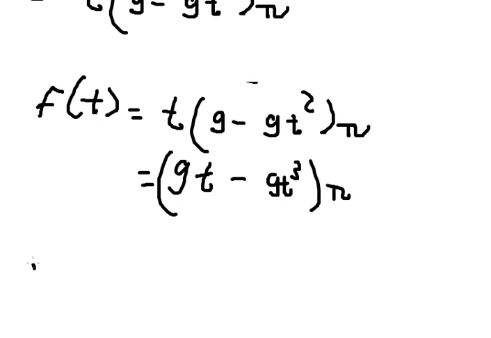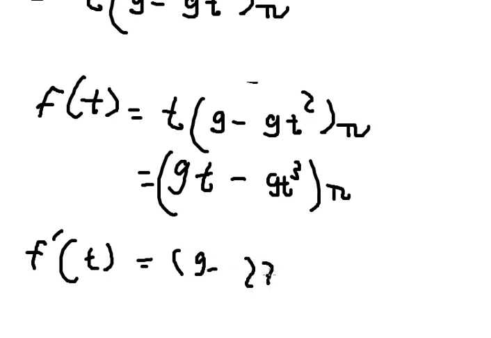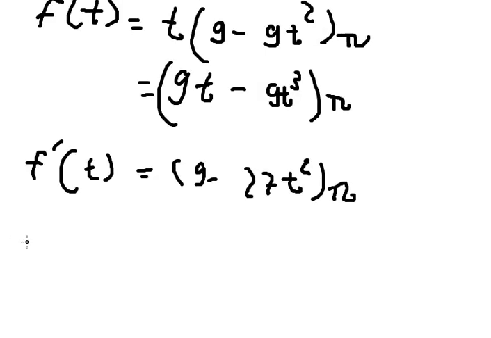So we need to find first the derivative of f of t. So that should be like this. Now I will set this equal to 0 to find the critical points.